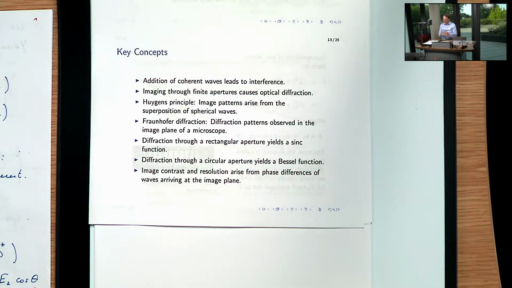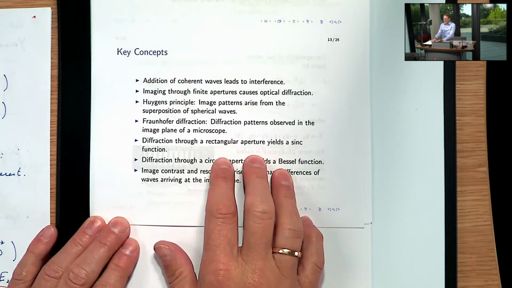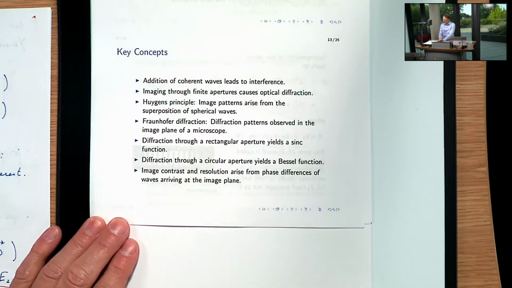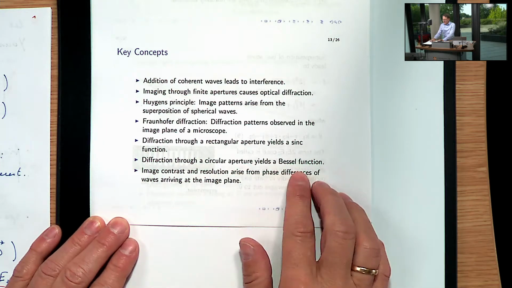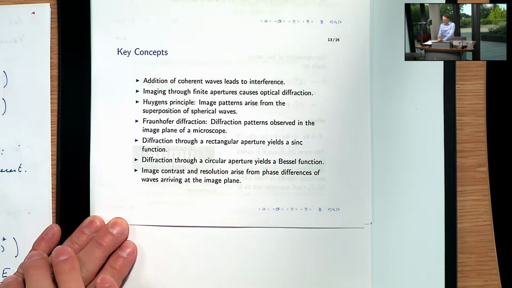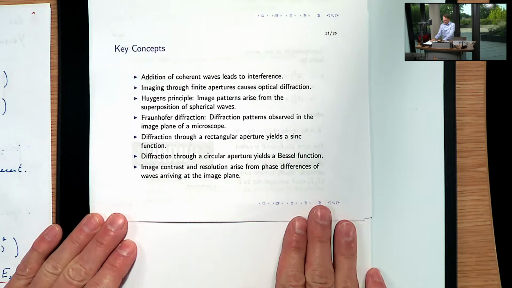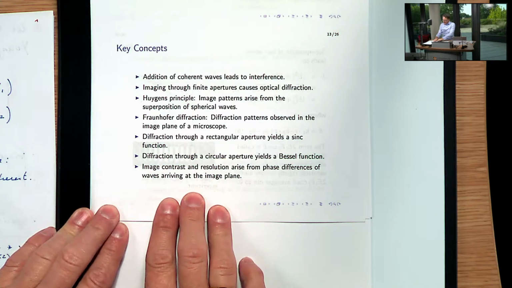So we need to understand diffraction through round apertures to be able to describe quantitatively what the patterns look like that we gain from a microscope. So we find that diffraction through a circular aperture yields a Bessel function. That's also something we're going to be deriving in the next couple of instances.